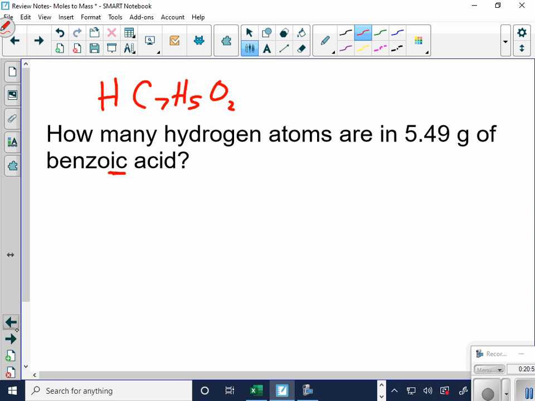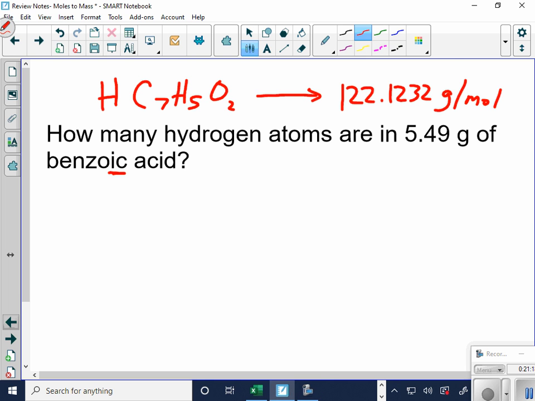Now, when I went through and I calculated the molar mass of that, I came up with a value of 122.1232. So there's my molar mass. I've got the information now that I need to do my calculations.